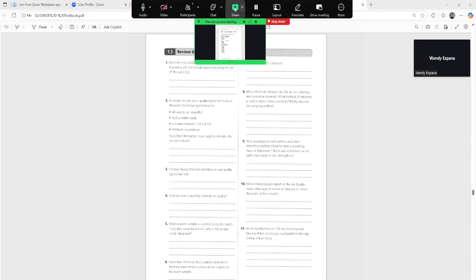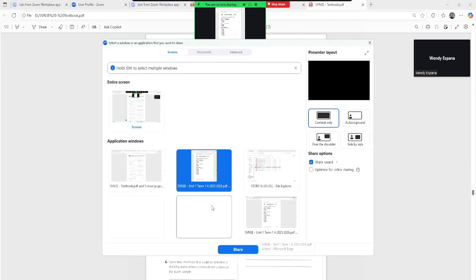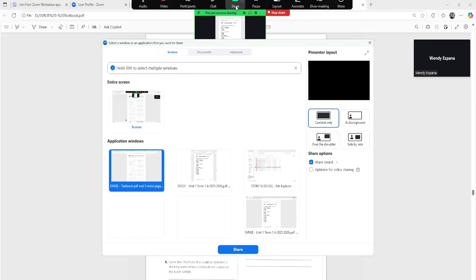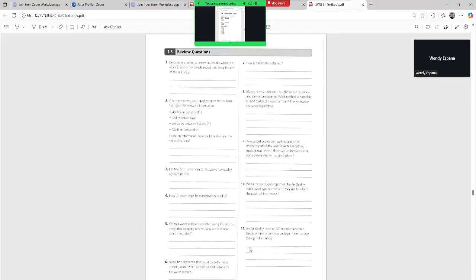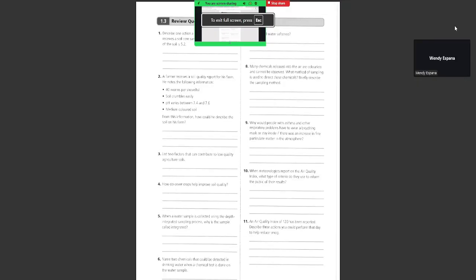And I'm sorry, I'm not sharing the right page. Let me go over and make sure I've got the right page. Okay, there we go. Sorry about that. Now we have page 27 on the screen, and we're going to go through these.